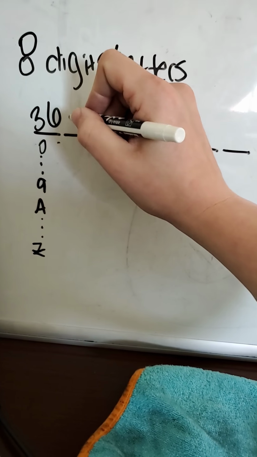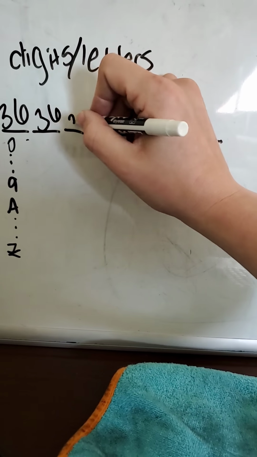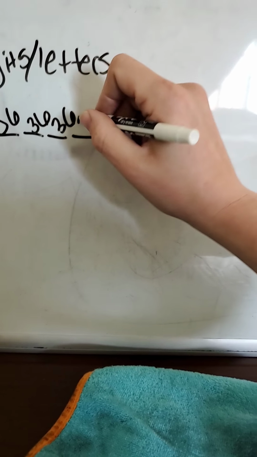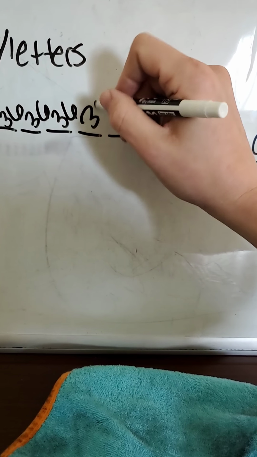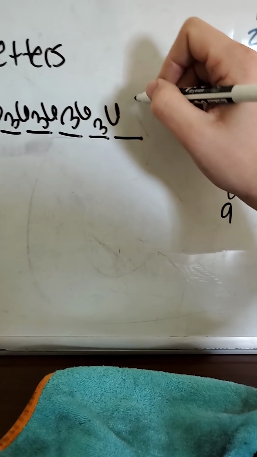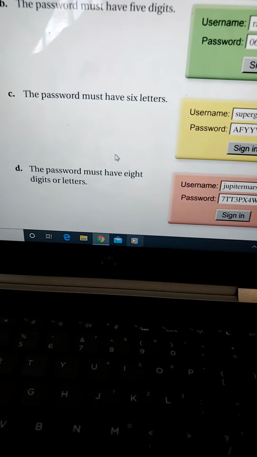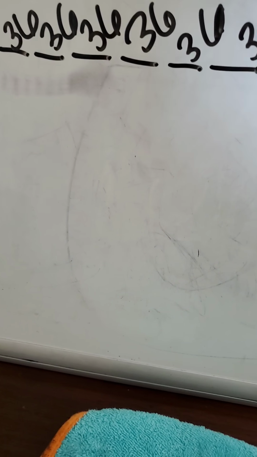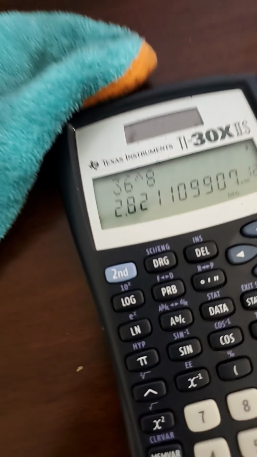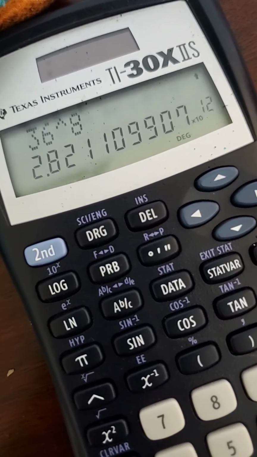All right, and I could do the same thing here, and here, and here, and here, and here, and here, and here, because it says letters or numbers. And that is 36 to the 8th power. As we can see, my calculator can't even show that to me because it's so big.